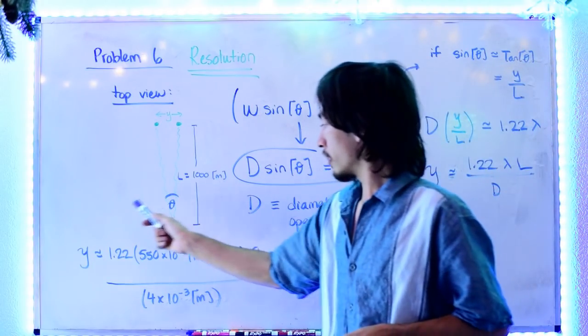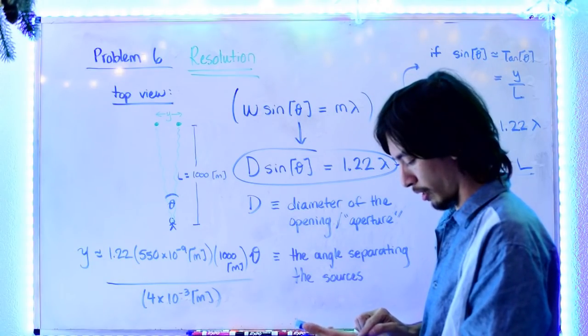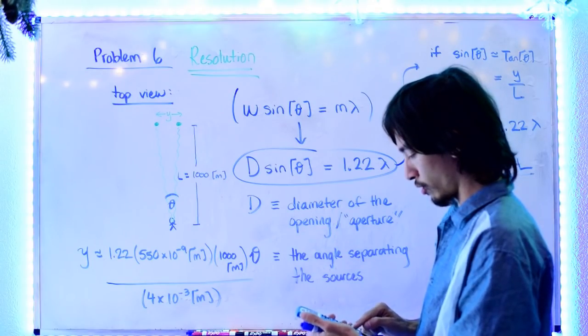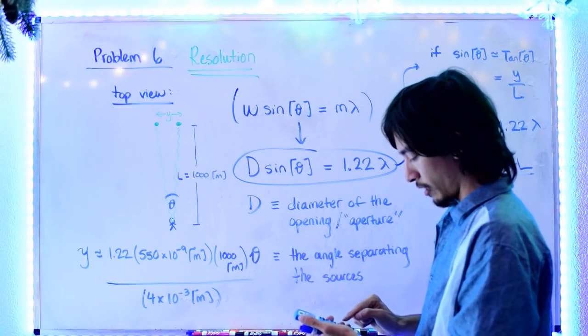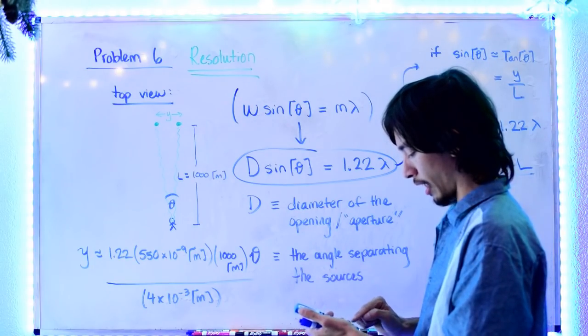So calculate all of this, and you find that it's 4 times 10 to the minus 3, invert, multiply 1.22, 550 times 10 to the minus 9th, and 1,000.